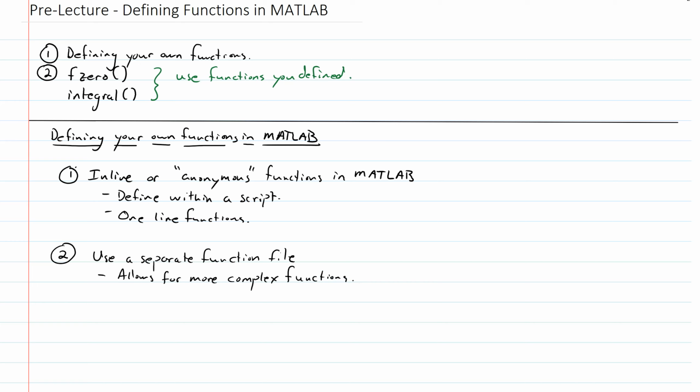But because we're just getting started, we're going to focus on this method in this class, the functions that I define within a script, and they're basically just one-line functions. Okay, I'm just mentioning to you that there is another way, which is using a separate file. And you can take a look at the lecture notes if you're interested in that. I gave some examples on how to do that. But what I'm going to focus on here is just this method.